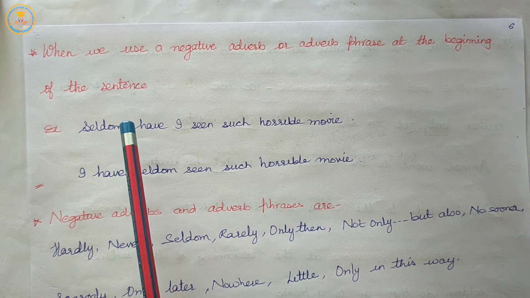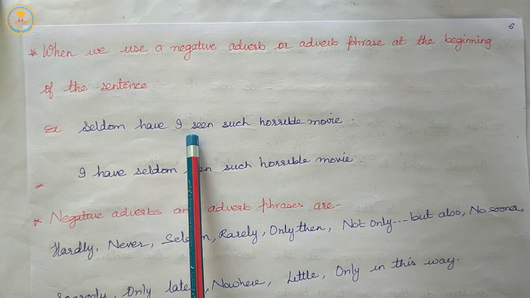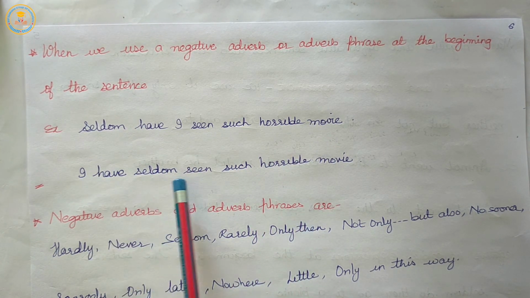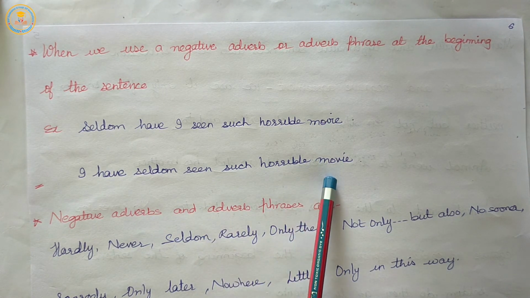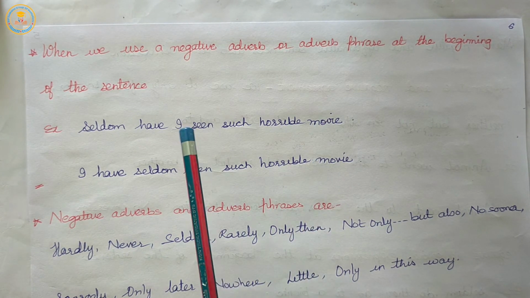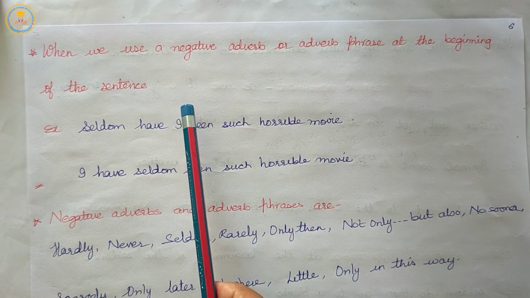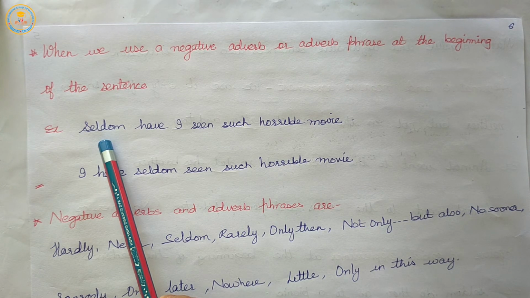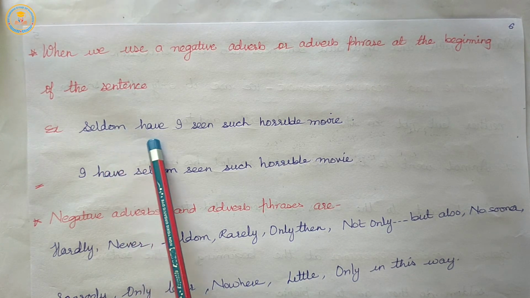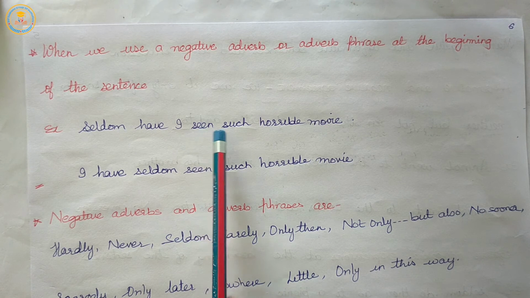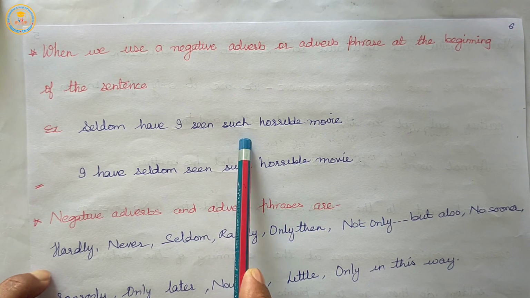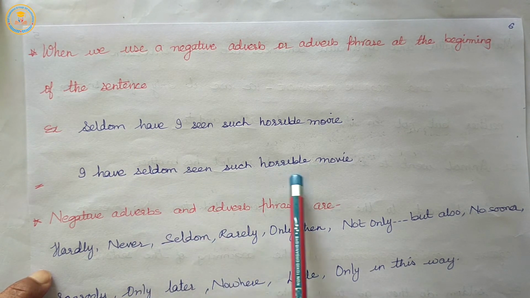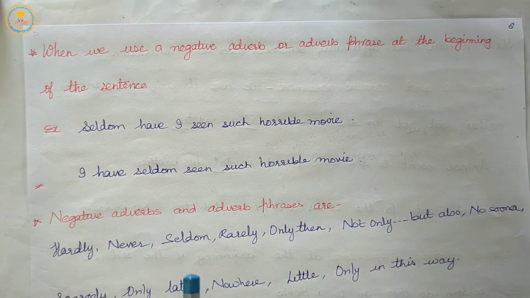Listen carefully. Seldom have I seen such a horrible movie. I have seldom seen such a horrible movie. What we read is that we put the expression at the beginning of the sentence to emphasize what we are saying. But if we don't want to give this impression, we can put the negative expression later in the sentence in the normal way.